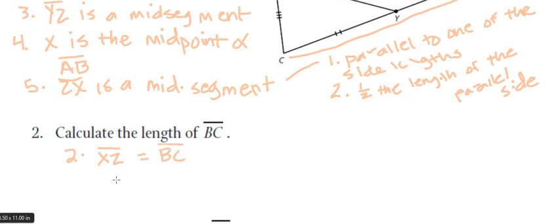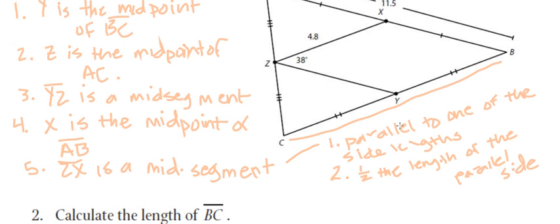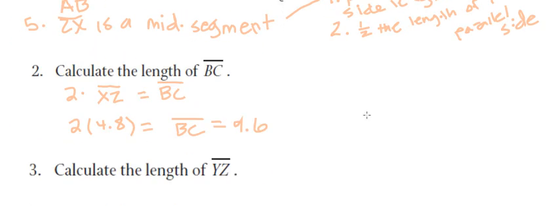So I can take that length of ZX that I already know, and I know that length of ZX is 4.8. So that means that line segment BC is going to have to be 9 6/10 units. So I can go in here and say that this line segment is now 9 6/10 units. All right, we're good there.